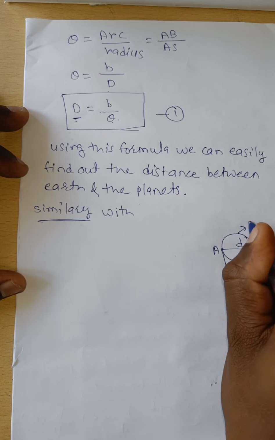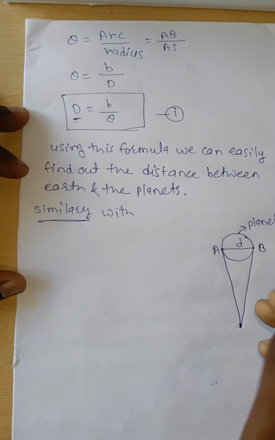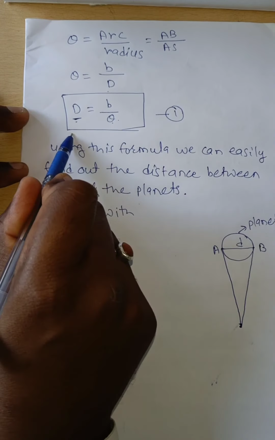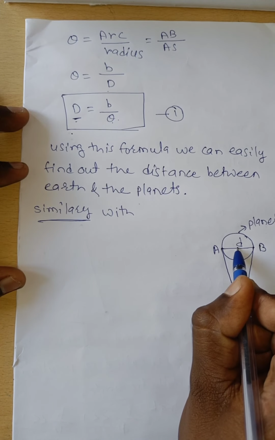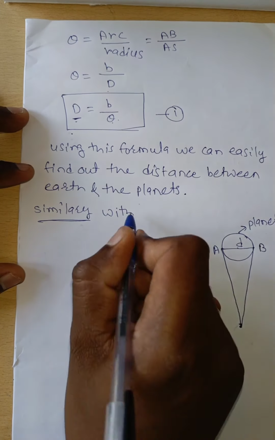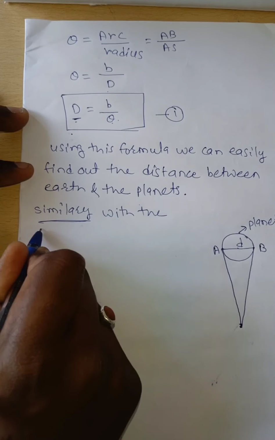Now this is the planet. Using the same parallax method we can find the diameter or size of the planet.